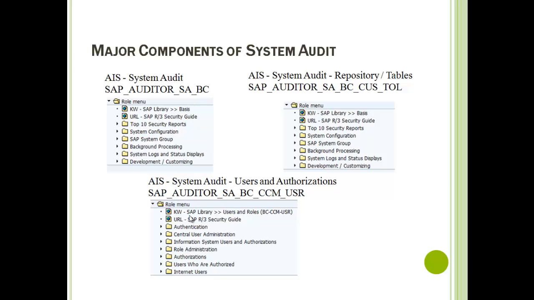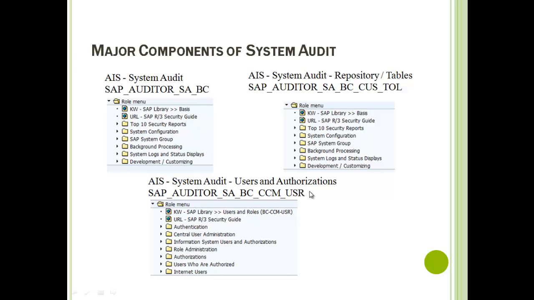This AIS auditing covers a wide range of tasks. It includes common security reports used to verify aspects of system administration tasks, for example operating system, instance parameters, RFC destinations and so on. It also includes system tasks performed by many users, such as background processing, printing and change request management.